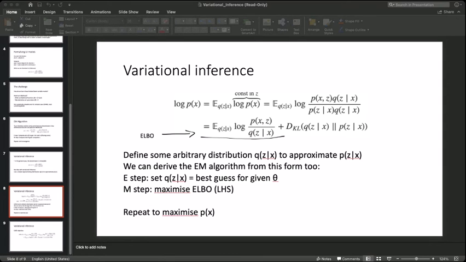Or at least that's one of the objectives. Or even if you just wanted to learn P of X. But nowhere is our objective to learn P of Z.